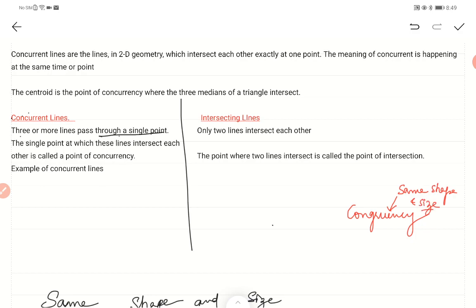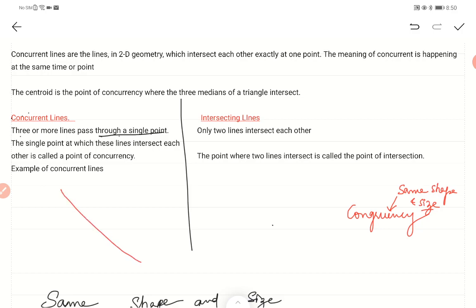All right, now what about concurrent lines? Because when you hear about it, sometimes you feel like concurrent is the same as congruent. They are different. Concurrent lines are three or more lines passing through a single point. Look at this.